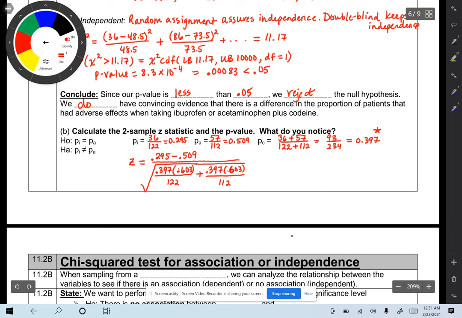The numerator gives us negative 0.214, and the denominator gives us 0.064. Divide that, and you get a z-score of negative 3.34.